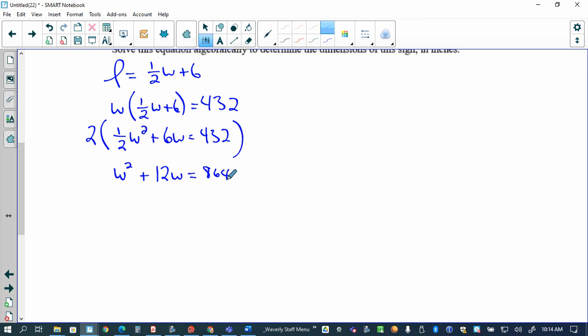Subtract 864 from both sides. Does it have a like term over here? It can't combine with these two, right? So it just gets tacked on. W squared plus 12W minus 864 equals 0.